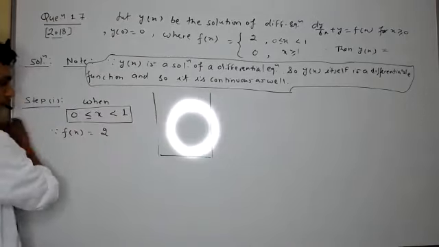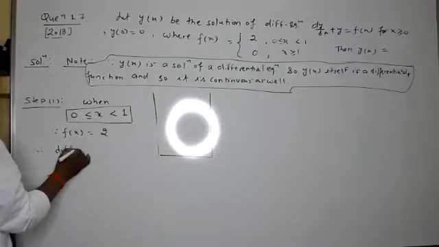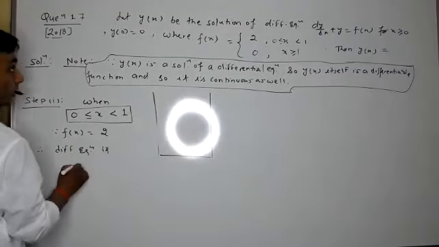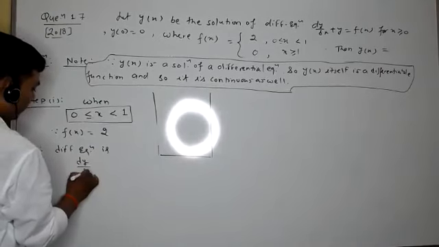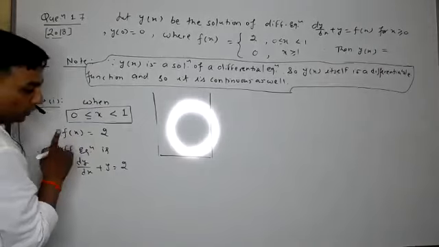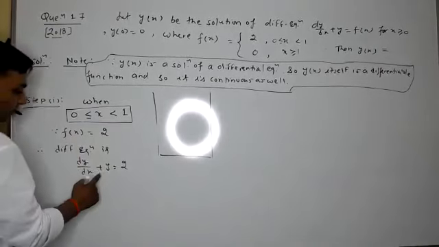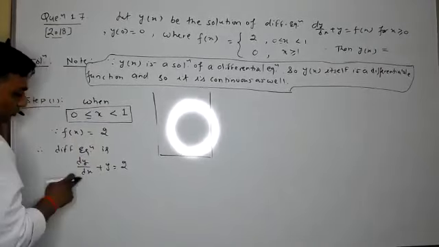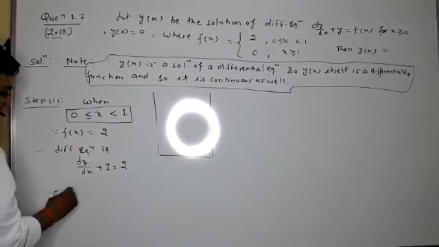Right? 2. So the differential equation will be dy over dx plus y equals to f of x, whose value is 2. Right? So can I solve this differential equation? There will be no difficulty in solving this.